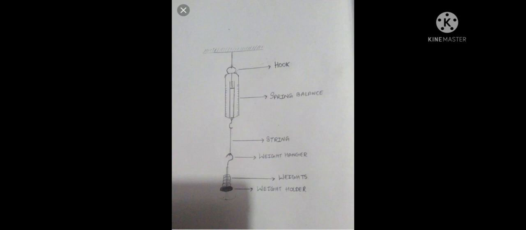Put a small weight like 50 grams on the weight hanger and note the reading of the spring balance. Now add more weights to the hanger and note the readings. Do the same till the thread breaks.